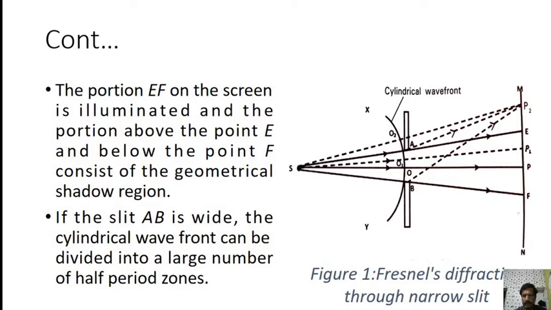Look here, below F and above E, it is geometrical shadow. Geometrical shadow means we don't expect any light in this region.